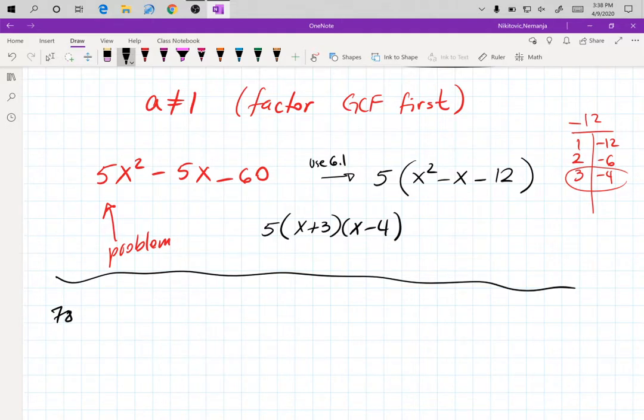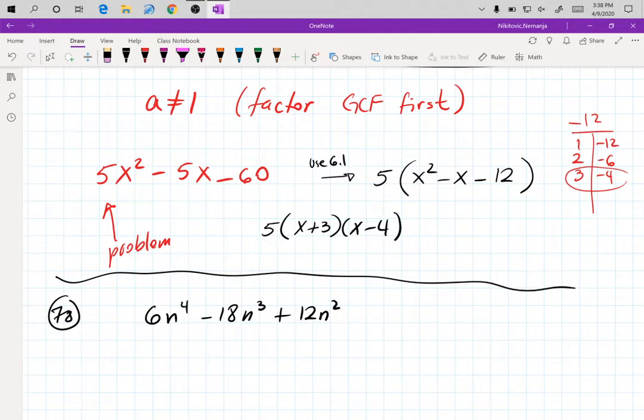Problem 78 is the spicy one. 6n to the 4th minus 18n cubed plus 12n squared. Well, we know we have to use 6.1 to begin with, because there are two clues. One clue is that it's not a square, and the other clue is right here, it's not a 1, it's 6.